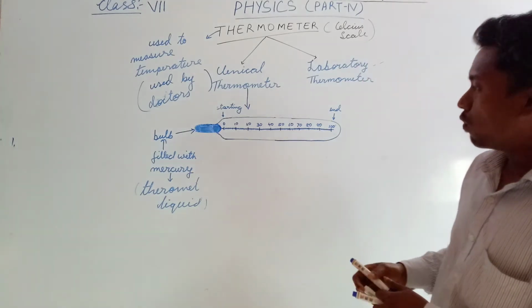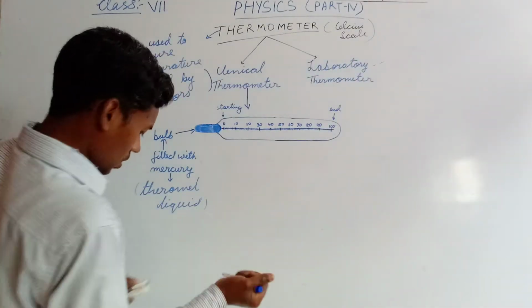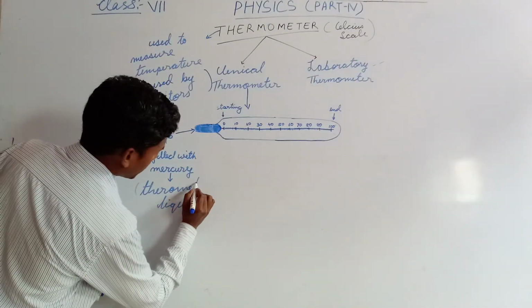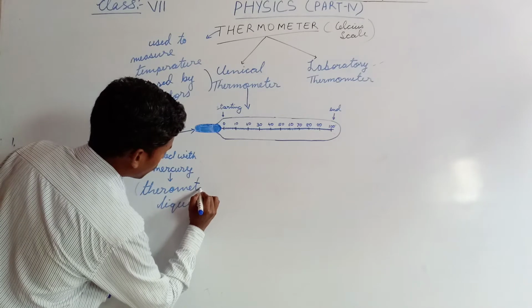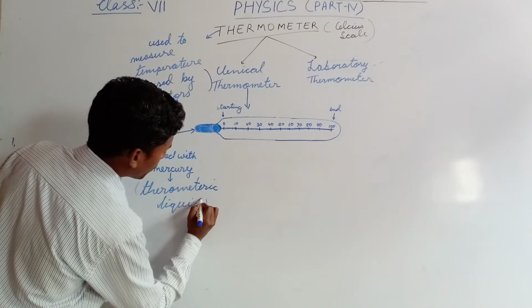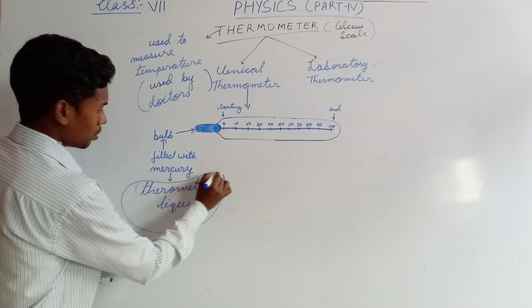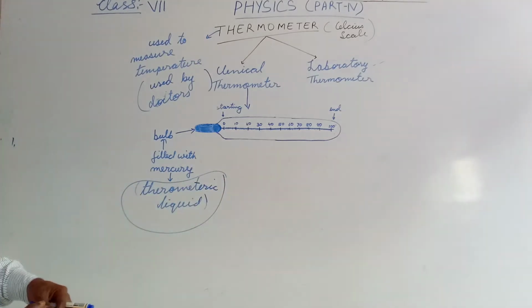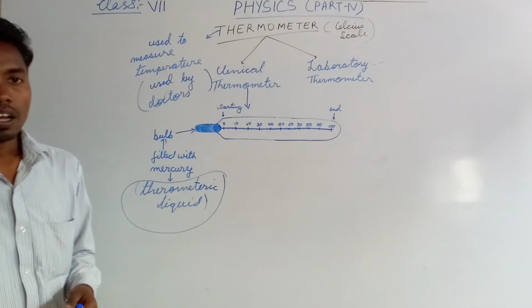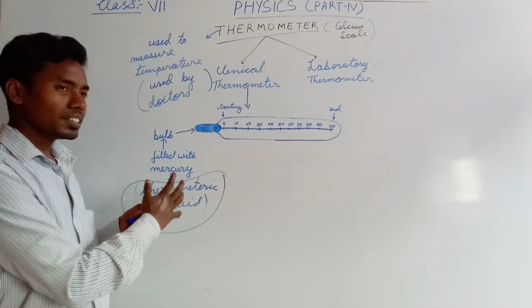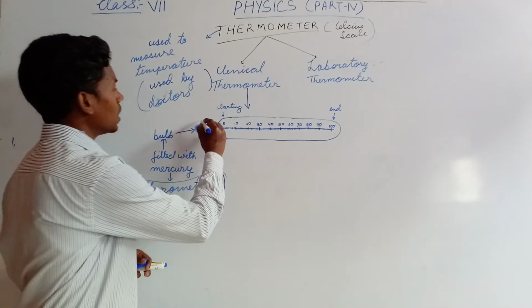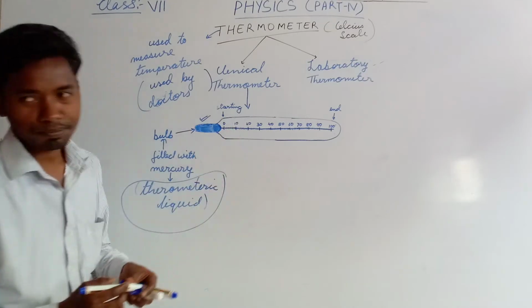So now we move on to our very important topic, that is our thermometric liquid. What is the thermometric liquid? A thermometric liquid is a liquid which is used in thermometers, very easy.